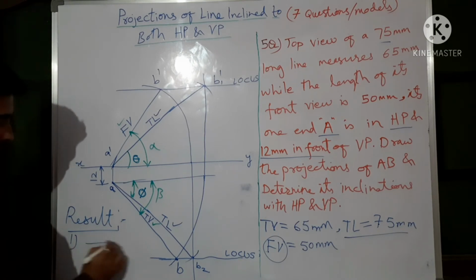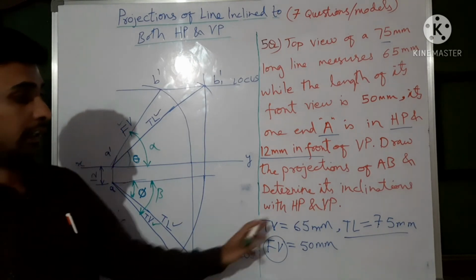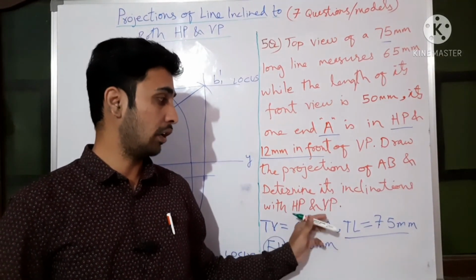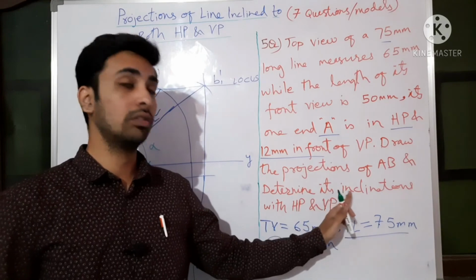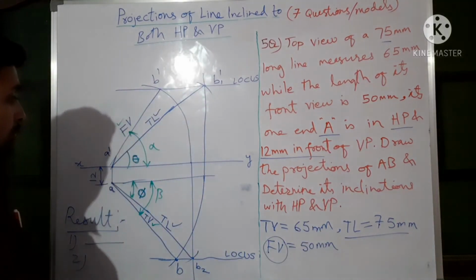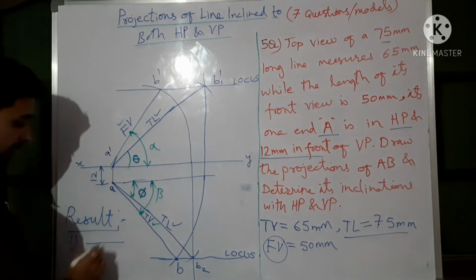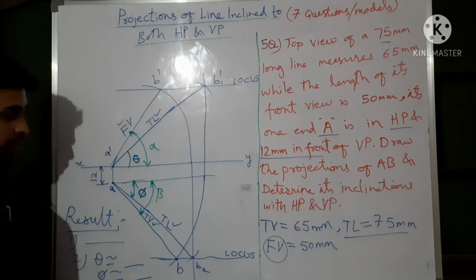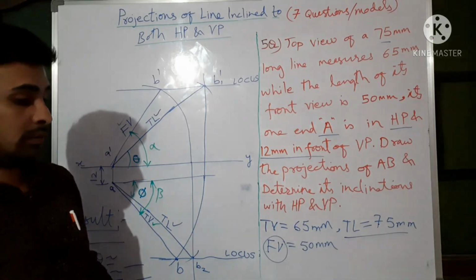Okay, then second point we will write: determine inclinations with HP and VP. They can also call it as determine its true inclination. True inclination means nothing but with HP and VP. So true inclinations are theta and phi. So you need to measure theta, keep the angle. You need to measure phi, keep the angle. So this is how the problem is solved.